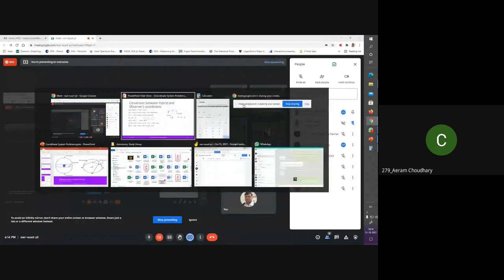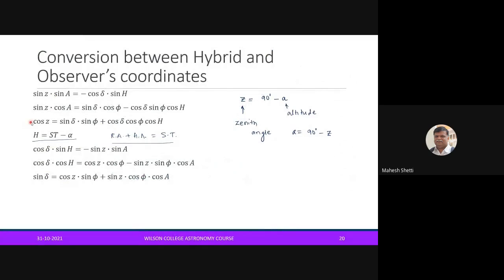So look at this formula: cos z is equal to sin delta sin phi plus cos delta cos phi cos h. The left hand side is going to be 0. Cos z is going to be 0. So while rising or setting, z is equal to 90 degree, cos z is equal to 0.